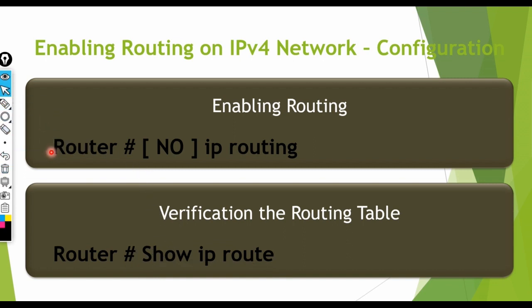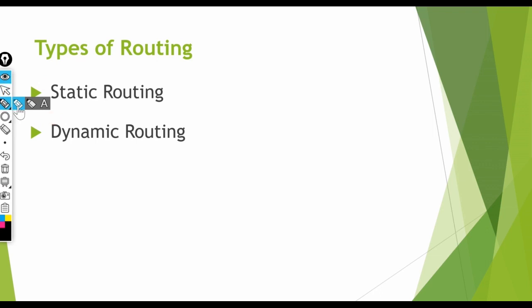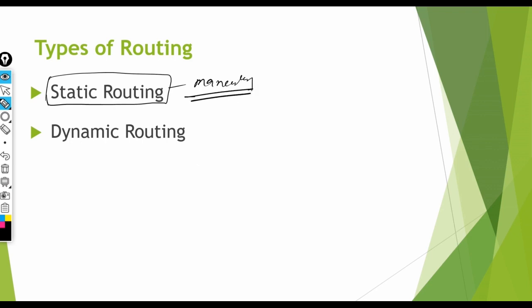There are two different types of routing you have majorly. One is static routing, another is dynamic routing. Static, you can consider as a process of manually configured routing. It is not a protocol.